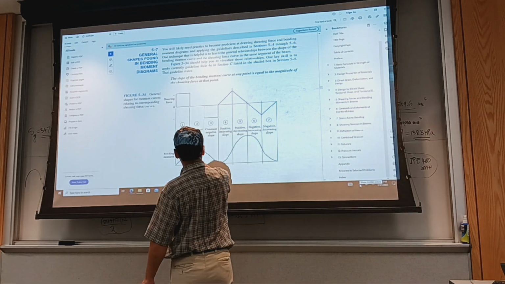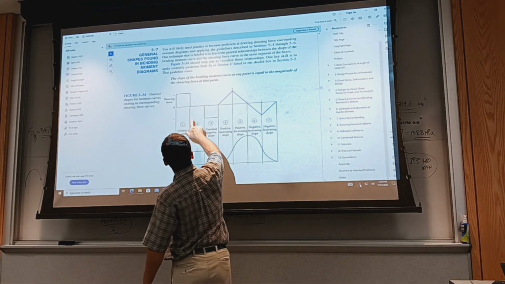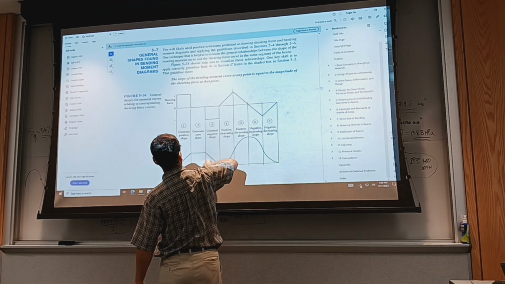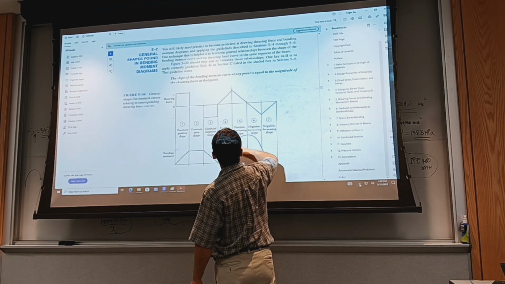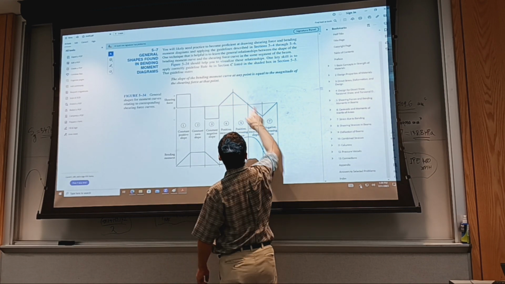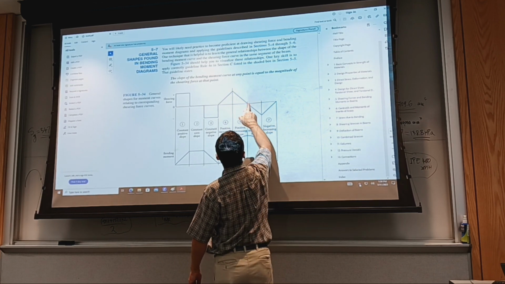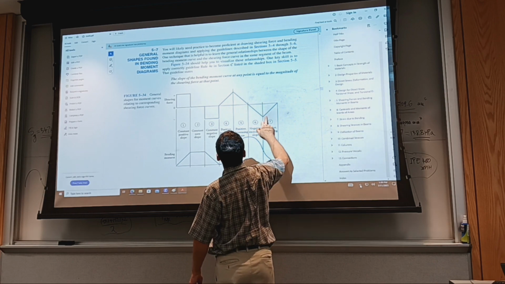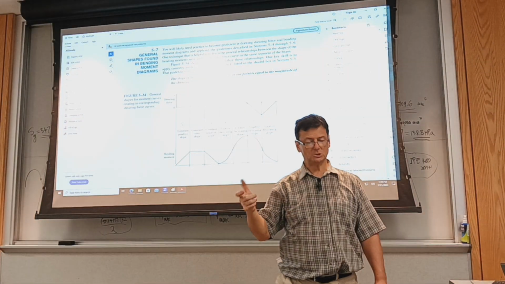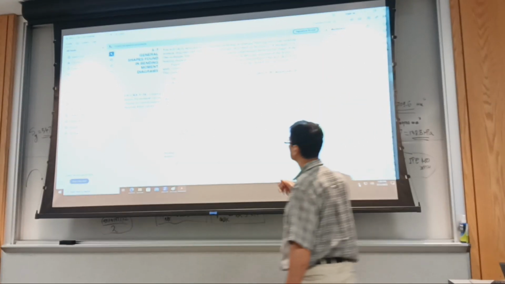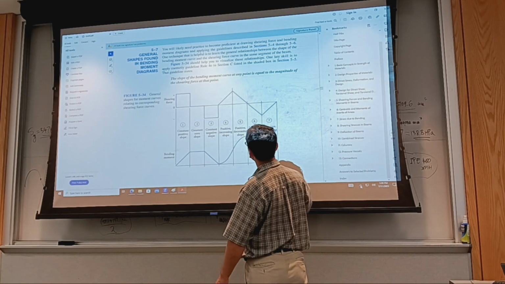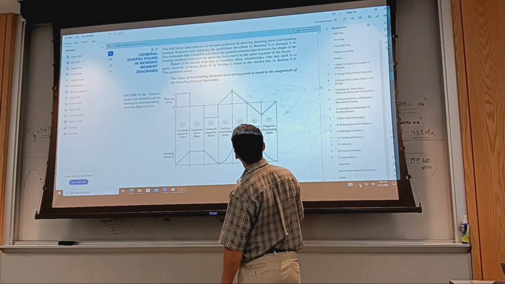Okay, so your exam problem, it's something like this up to here, yes? And then you had a section that looked like this. So if the shear is a continuous line without sudden changes, then the moment is going to be a smooth one, right?